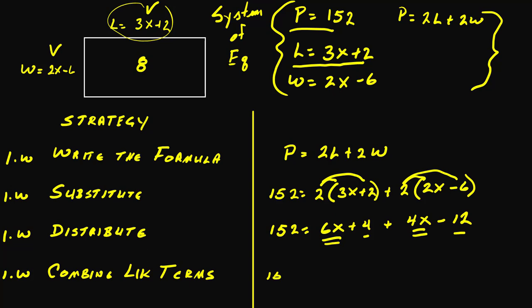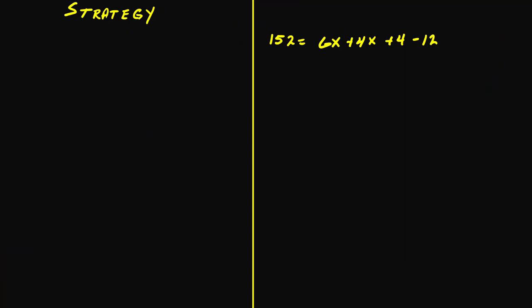Bring down 152 equals. I'll rearrange this side of the equation. 6x, add 4x, add 4, subtract 12. I'm at this point now. I'm going to continue simplifying.